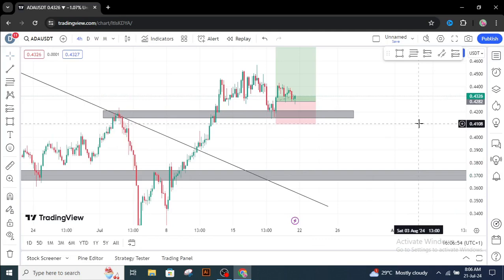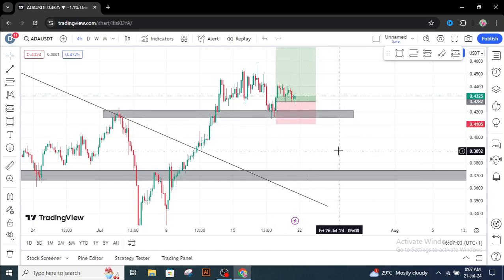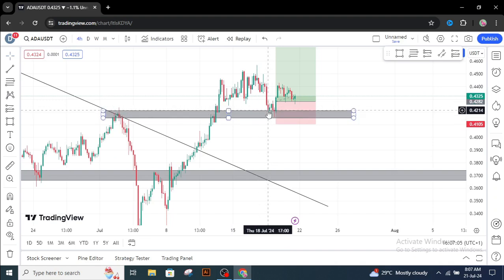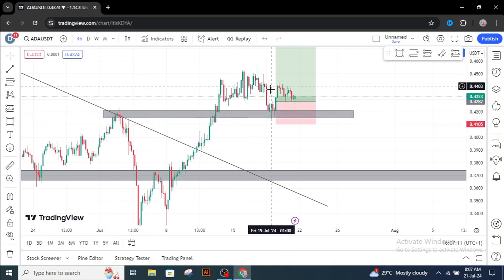Whenever there is retracement, you want to be sure that you get a price action pattern before you enter the trade. You don't just enter. Take for example, now this candle forms and you are wondering, should I enter now? Maybe after this retracement to this resistance, the market retraces and you are wondering, can I enter now? You don't just enter.